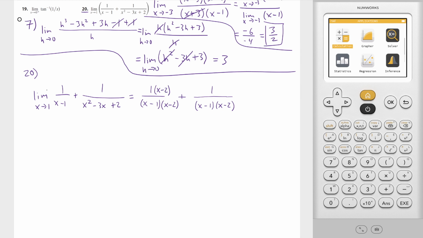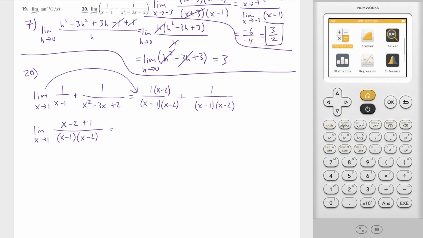Oops, once again, I forgot to write limit. So I should have written limit right there. So let's start on the next line. This is equal to the limit as x goes to 1, and I add these together. That's going to be x minus 2 plus 1, and the denominator is x minus 1 times x minus 2.